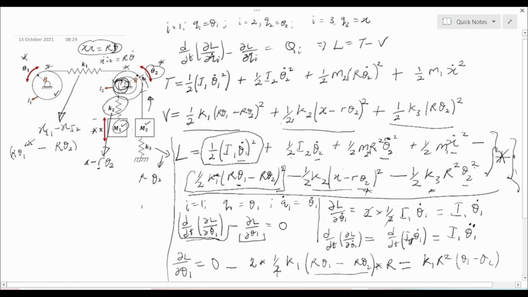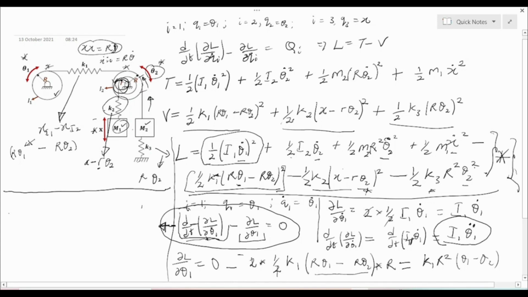And as a result of that, considering that we've written out our Lagrange equation earlier, based on what we've written out, we write out our equation of motion. Going back to our Lagrange equation, having determined the different terms that we want to work with, you can easily write out our equation. We calculated the first term to be I1 θ1 double dot.